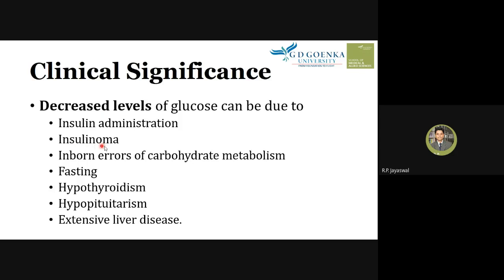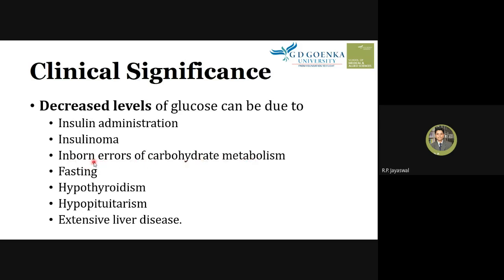Similarly, another case is insulinoma, which is a tumor-like or cancer-like condition, where the insulin-producing cells of the pancreas become cancerous and produce an abundant amount of insulin, and because of the action of insulin, the glucose level in the blood decreases.